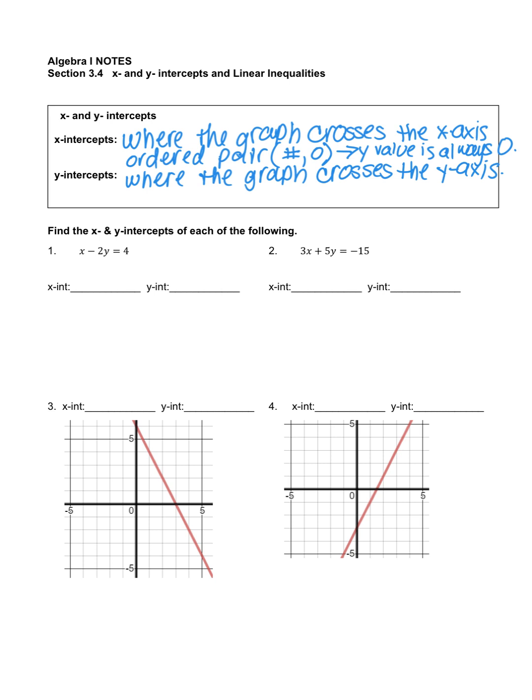And the way that is identified is through an ordered pair where our x is 0 and y is a number. So our x value is always 0. So let's go ahead and plug in 0 to find our x-intercept and our y-intercepts.